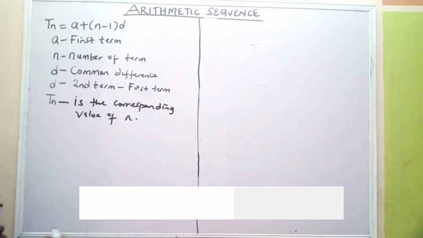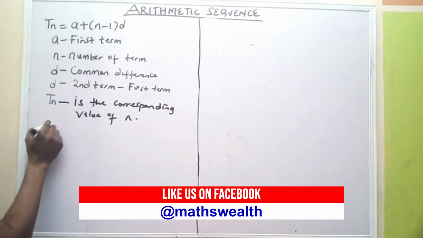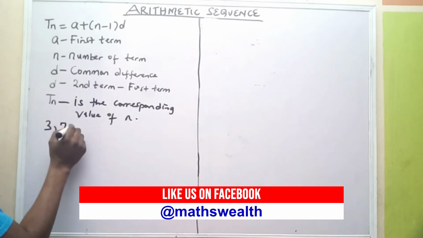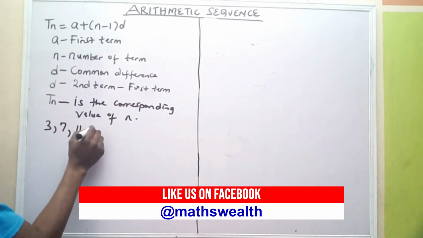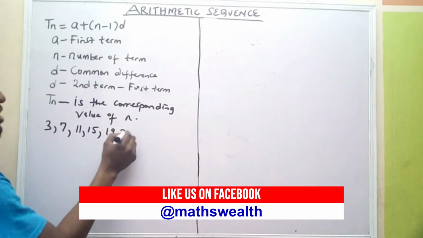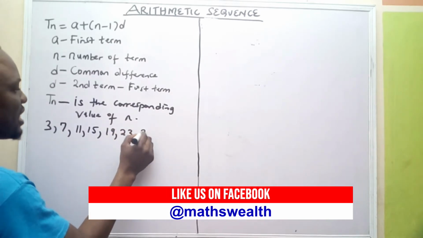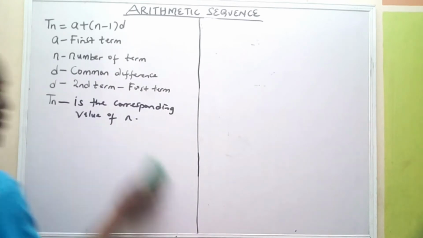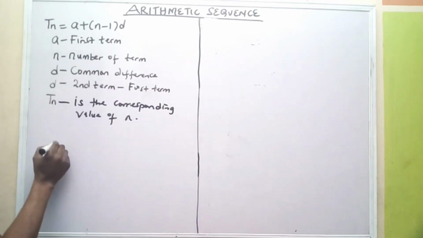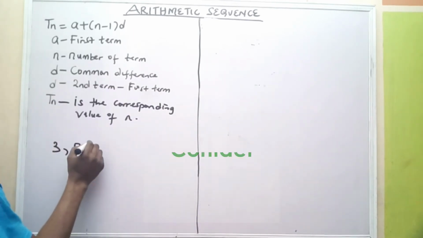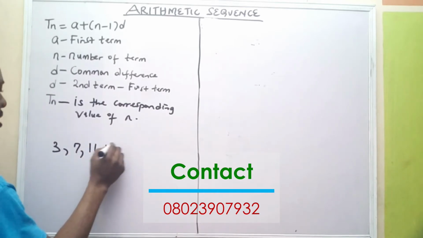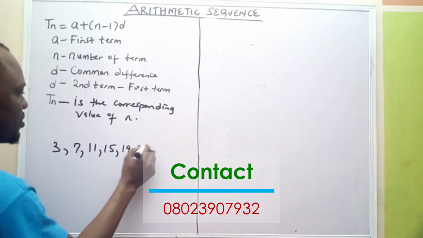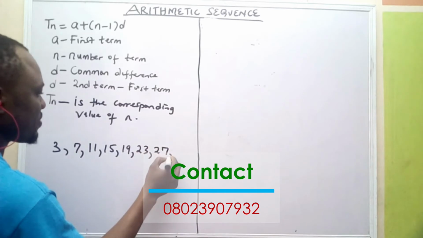What it means, let me explain that with a question. For instance, I have a question: 3, 7, 11, 15, 19, 23, and 27.